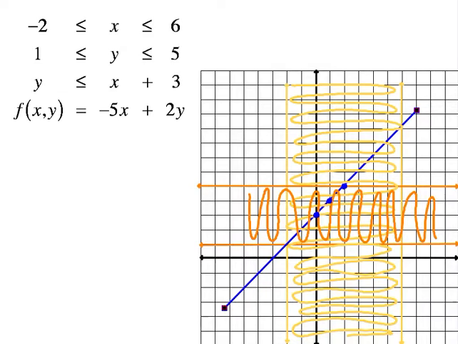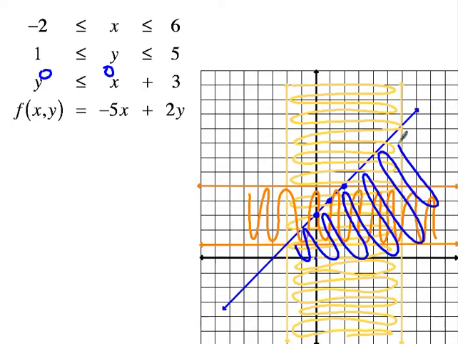Okay? So now we need to figure out which way to shade. If I plug in the point 0, 0, which is actually located right here, is that true or false? True, so I'm going to shade. So what type of region do I actually have? Quadrilateral. Let's see.